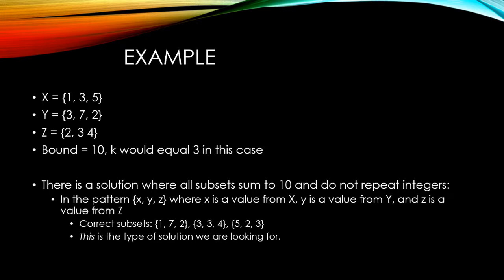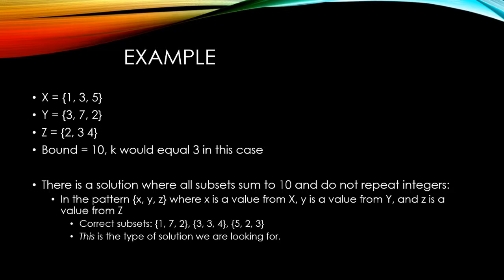If we look at the first value in each set, which are 1, 3, and 2, that would be a subset. This subset sums to 6. 1 plus 3 is 4, and 4 plus 2 is 6. But 6 is not equal to the bound, so this would be an incorrect match.